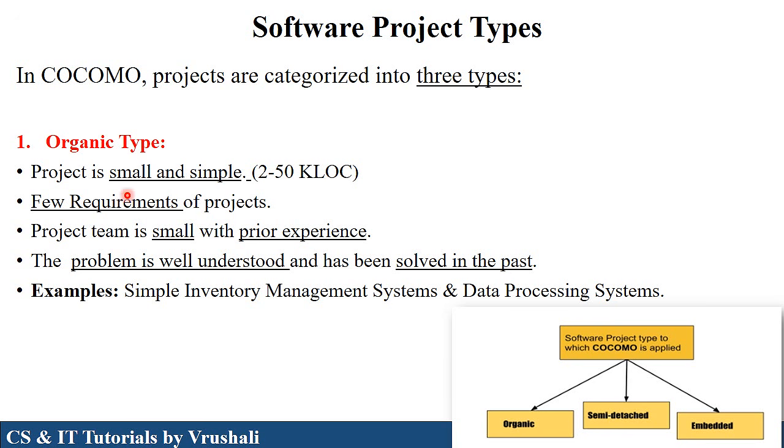For a small project, a small team is required, but they have prior experience on similar types of project. Here in organic type of project, the project team understands the problem statement very well and has also solved similar problem statements in the past. So this is called organic type of project. The examples are simple inventory management system and different data processing systems.